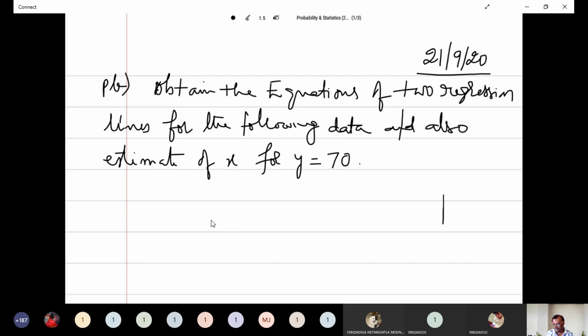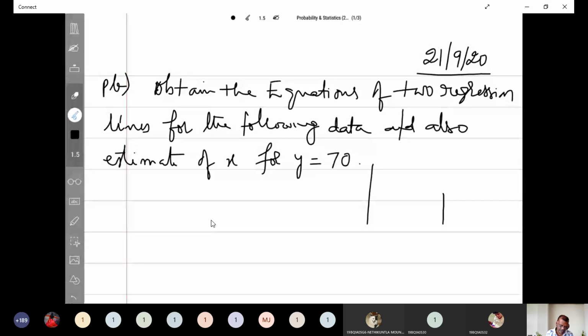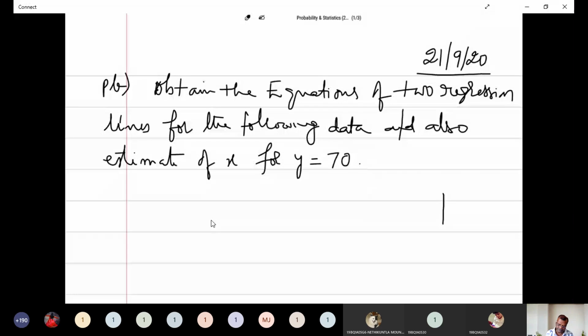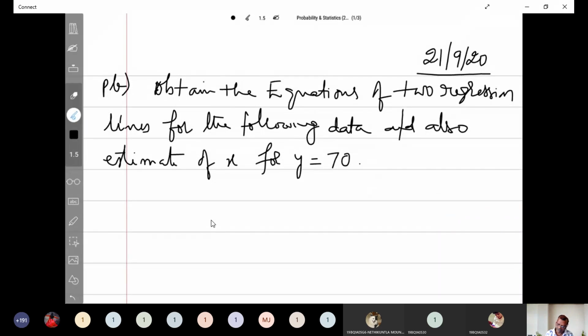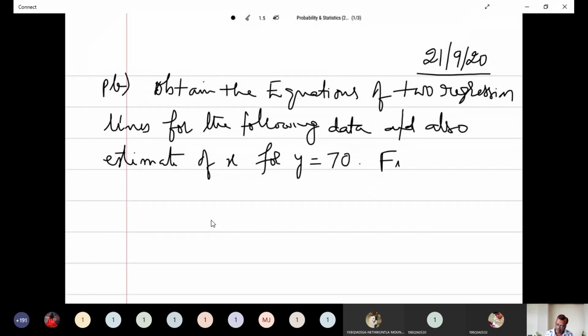And also sometimes in some questions, find the correlation coefficient and regression coefficients are also. Find correlation coefficient. Okay, this is the simple problem.